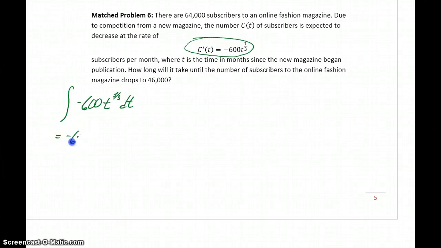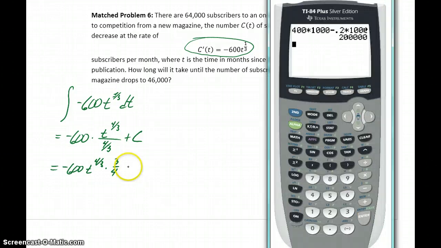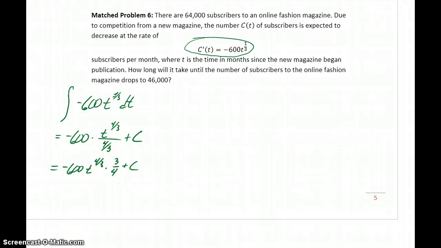So to integrate that, this is a constant factor of negative 600. We'll multiply that times t to the now 4/3, since we add 1 to that exponent, and divide by the exact same amount, plus some constant c. So this will be the same thing as negative 600 t to the 4/3 times 3/4, and still plus that constant c.